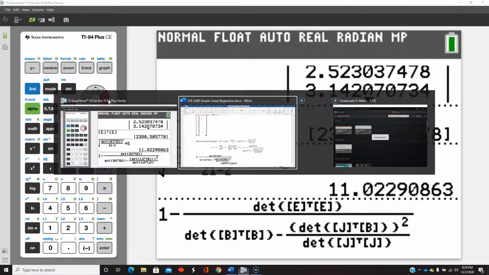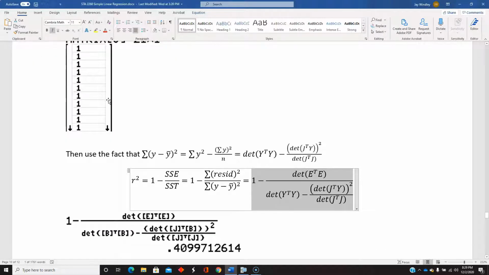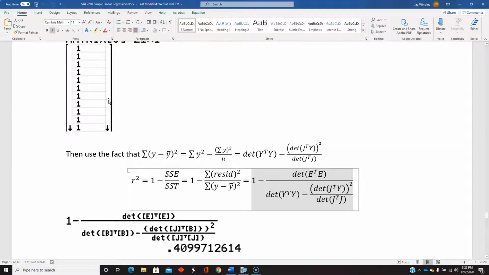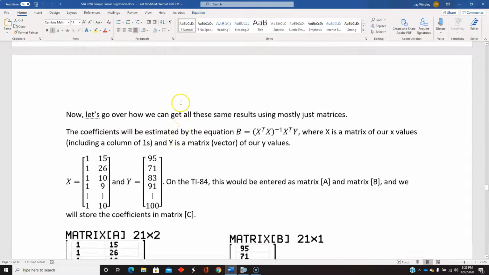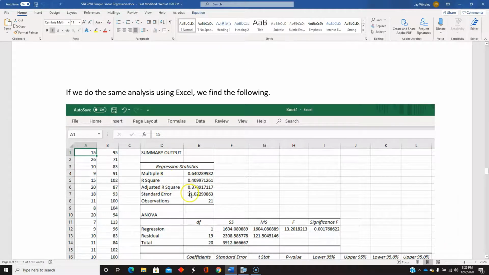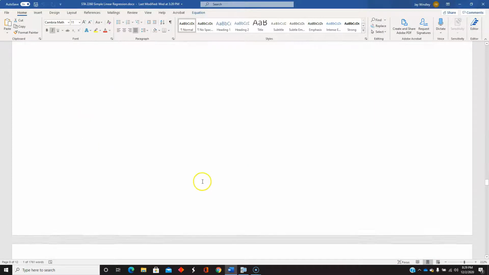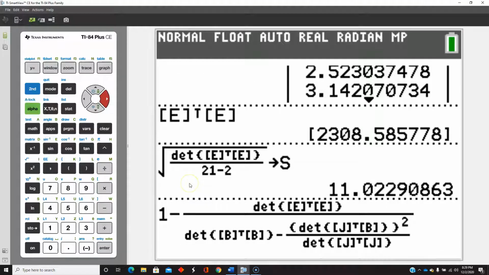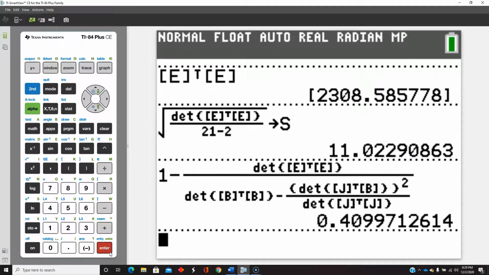And I'm just going to double check over here. J transpose J, J transpose B. And this should give us R squared. And before I hit enter, just a reminder that our R squared was 0.40997. Okay, so 0.40997 is what we should be getting.